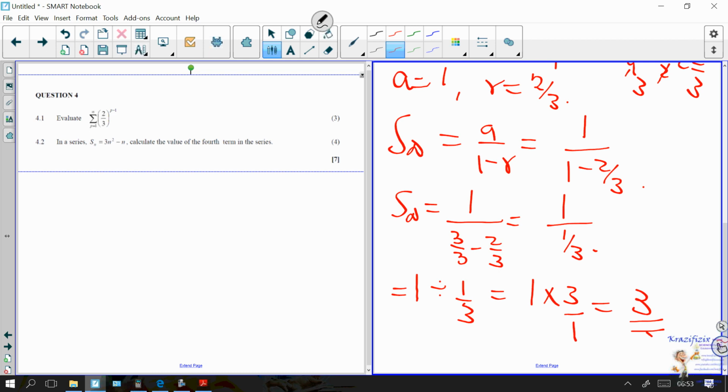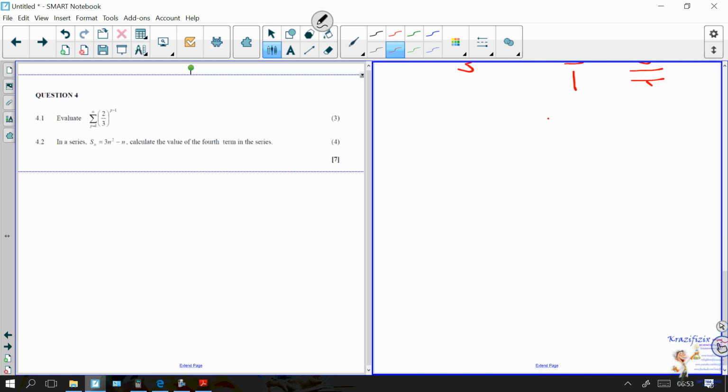All right. In a series, Sn equals 3n squared minus n. Calculate the value of the fourth term in this series. Calculate the value of the fourth term. Okay, this is the sum of the series. All right, one thing we need to learn quickly is this.